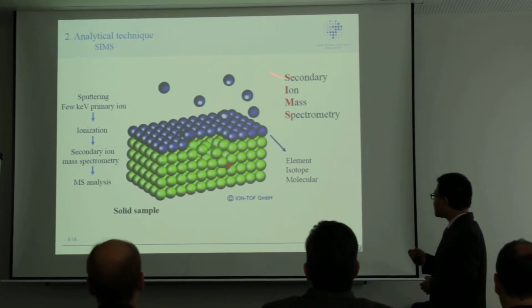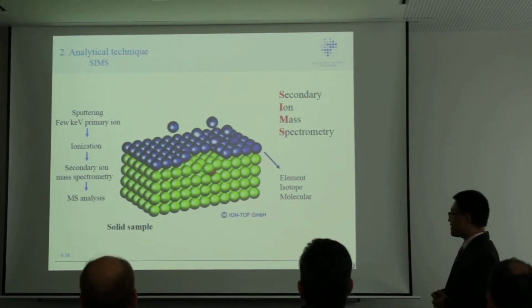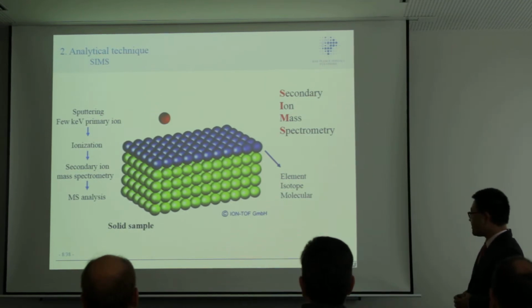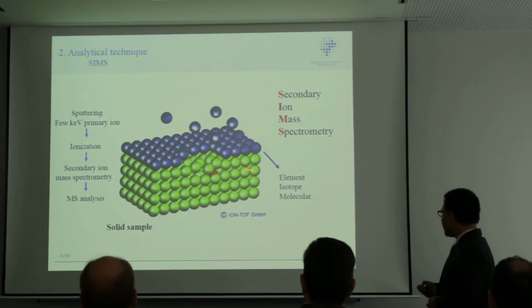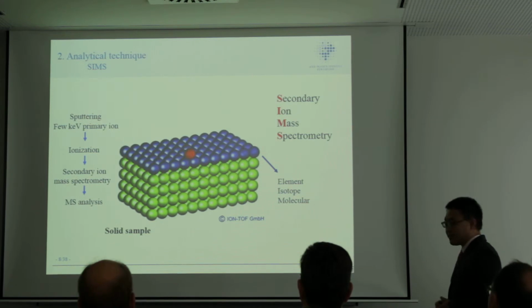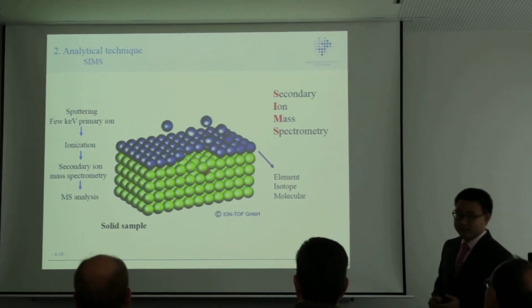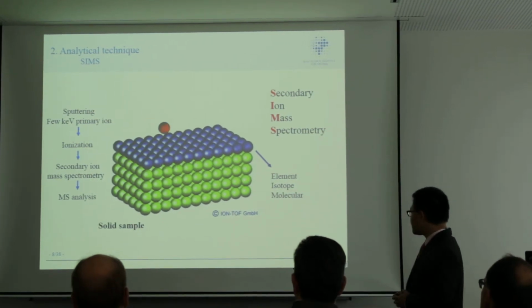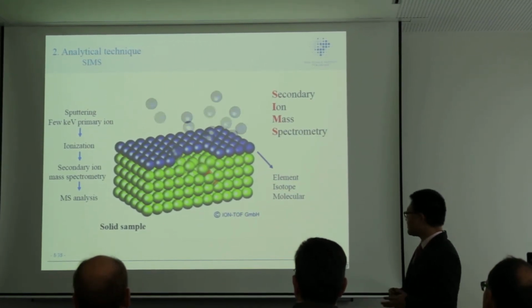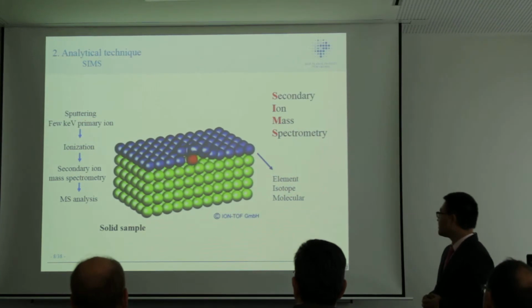The secondary ion emission by a solid surface under ion bombardment provides information about the elemental, isotopic, and molecular composition of its uppermost atomic layers. SIMS is recognized as the most sensitive elemental and isotopic surface analysis technique.